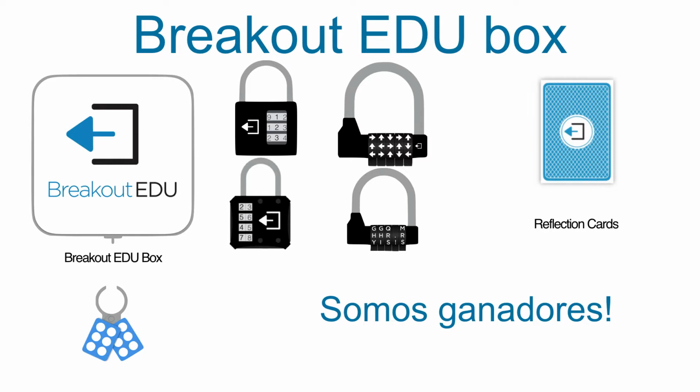You will lock the box with the 4 locks and the hasp. You would want to put reflection cards in there, probably some old newspapers if you want to make it more believable, and some little sign to get kids excited. For example, something like Somos Ganadores, that would be very appropriate.